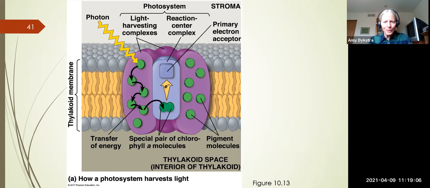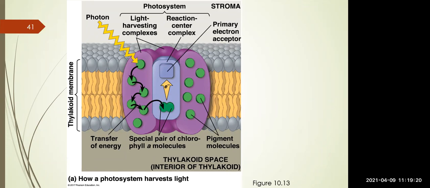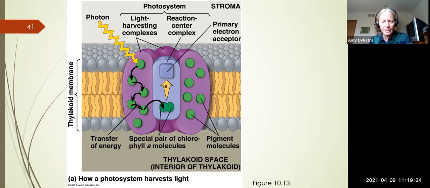Okay, so this is the first step in the electron transport: this electron getting ejected from these chlorophyll A molecules in the reaction center, and that electron being accepted by the primary electron acceptor in the reaction center complex.